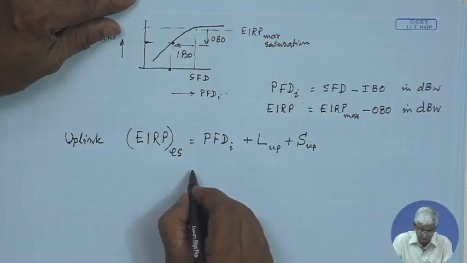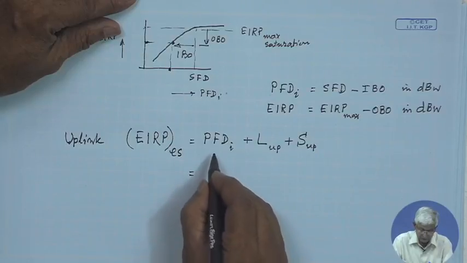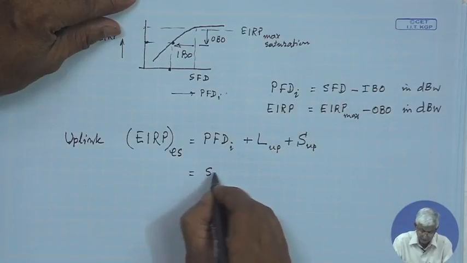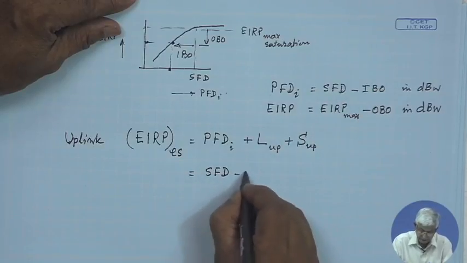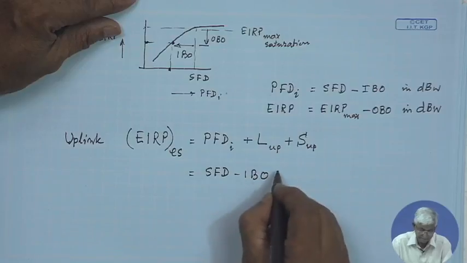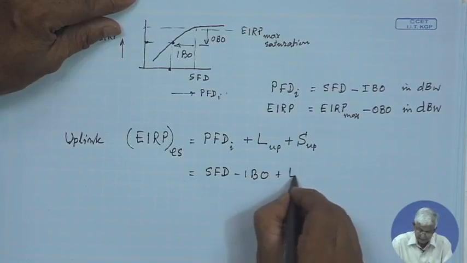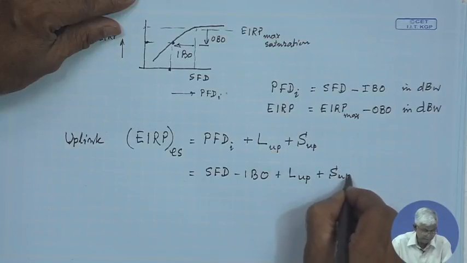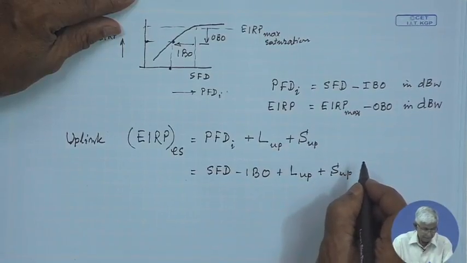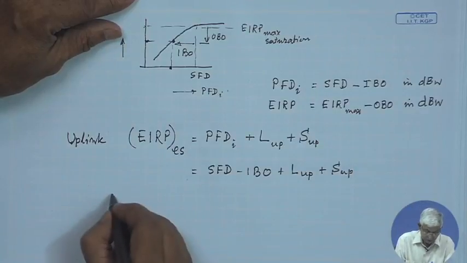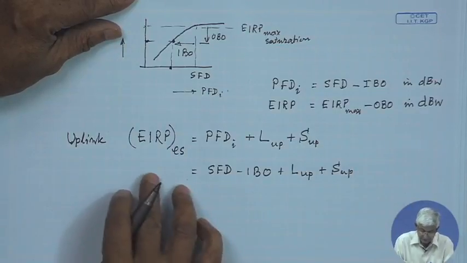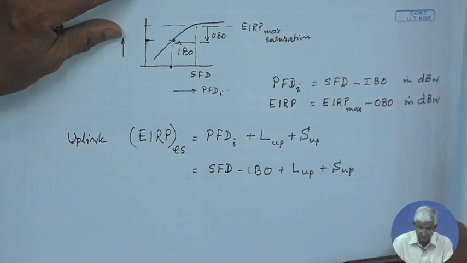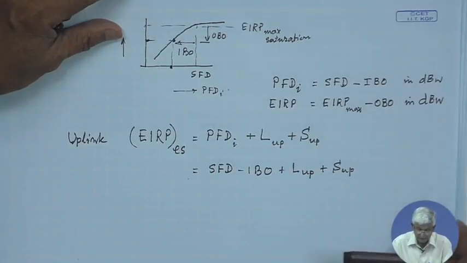So, I can write PFD input is equal to SFD, saturation flux density, minus input back off, plus L up plus S up.